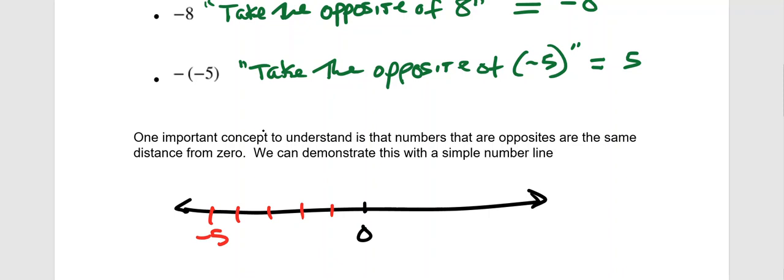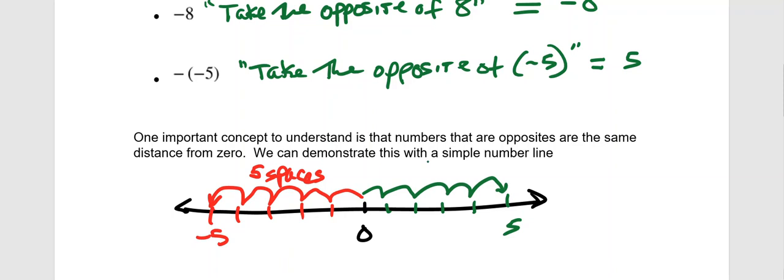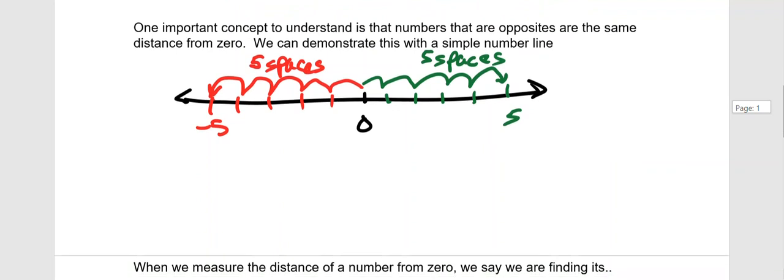There's 0, of course, in the middle, and negative 5 is 1, 2, 3, 4, 5 spaces away to the left, of course, and the opposite of negative 5 is going to be the same number of spaces, but in the other direction. 5 spaces, in this case, to the right. So opposites are naturally the same distance away from 0. One of those numbers being to the right of 0, one to the left. The number to the right, of course, is positive. The number to the left is negative.